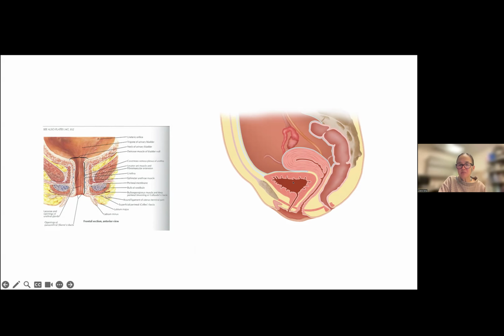And so it provides a little more outlet resistance so that when you cough or sneeze, you have a little more resistance here, and you wouldn't be as likely to leak. But conversely, it could press hard enough such that the bladder, if it's weak, can't squeeze out past the resistance. So in theory, yes.